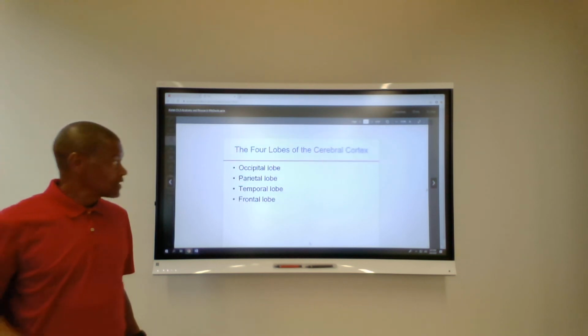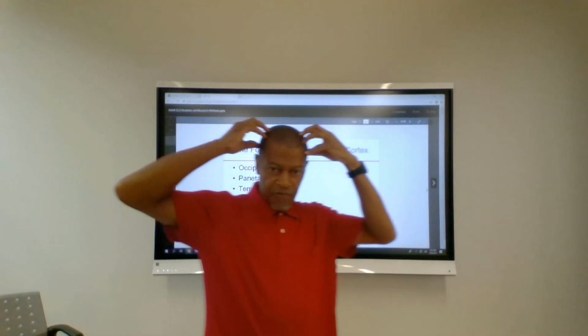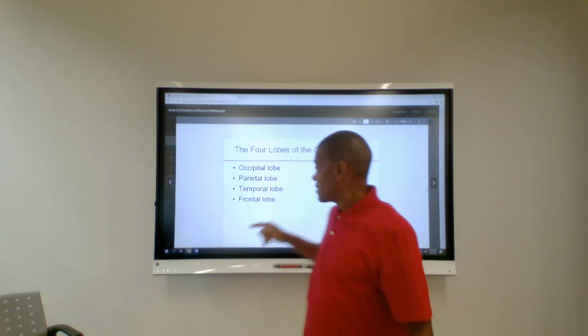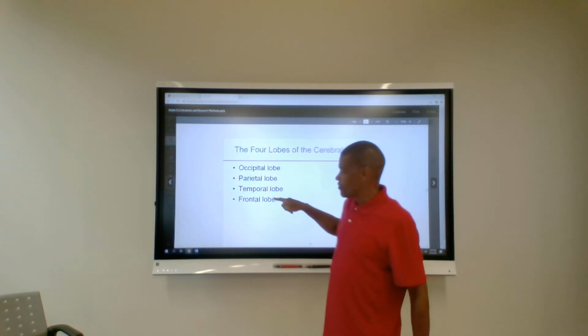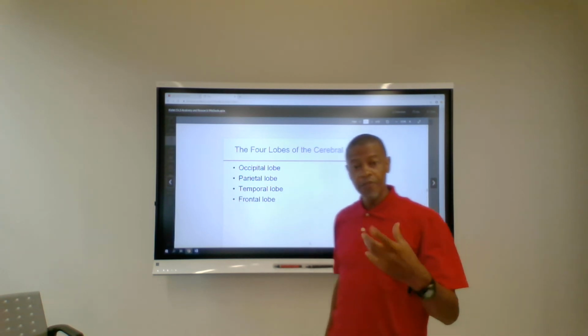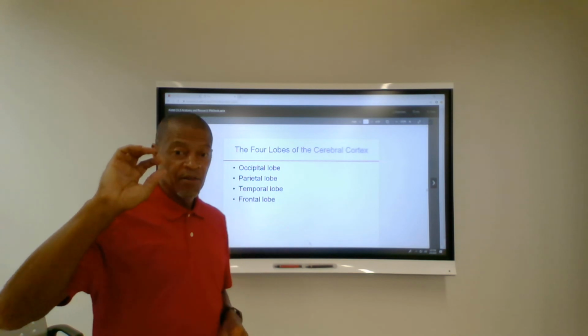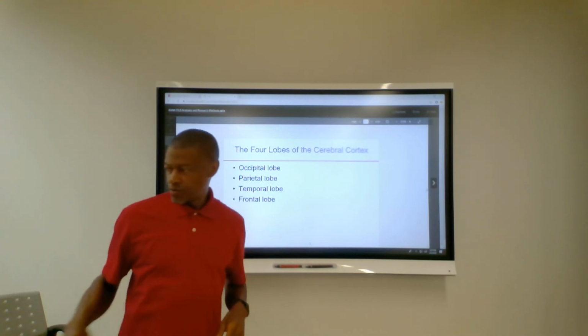So beyond saying left hemisphere, right hemisphere, you have 4 lobes to the brain: occipital, parietal, temporal, and frontal lobe. I gave you a link on your Canvas to look at the breakdown of what each one of those does.